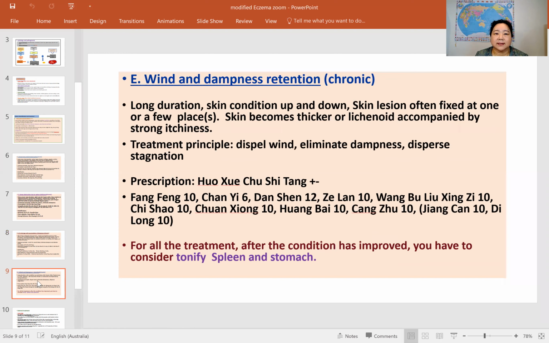Now we look at next type. It is wind and dampness retention. This is also in the chronic stage. The patient has long duration of skin problems, skin condition has been up and down, skin lesion often fixed at one or a few places, skin become thicker or lichenoid, accompanied by strong itchiness.